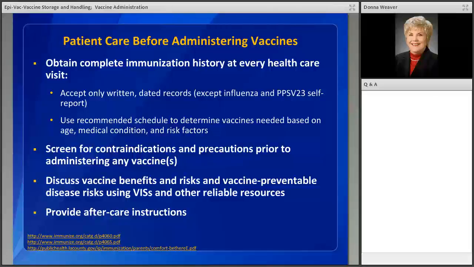And use vaccine information statements and other resources to discuss vaccine benefits and risk and disease risk with parents and patients. Aftercare instructions should include information and strategies for dealing with side effects and for determining when medical attention should be sought. We've also included a link to a resource for things parents can do before, during, and after vaccination to comfort their child.